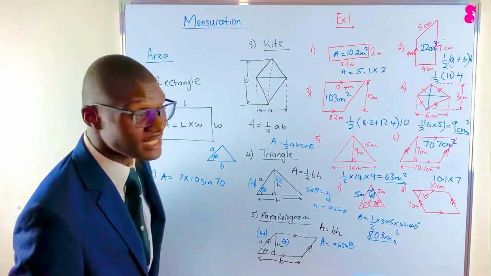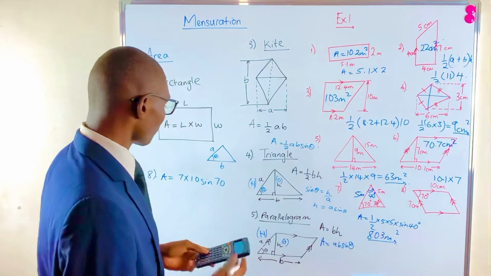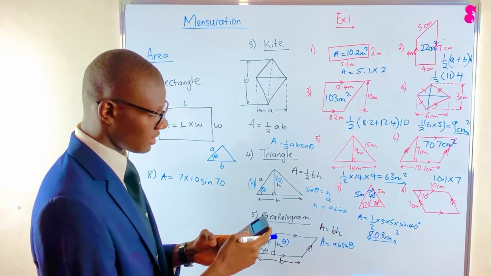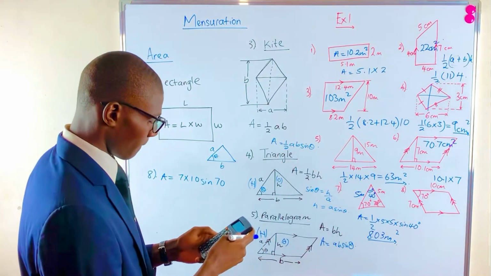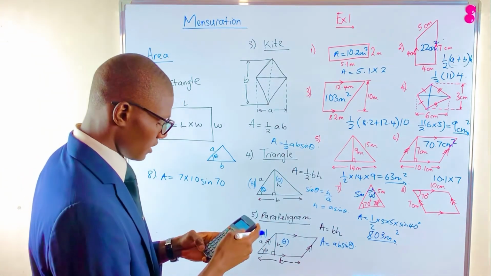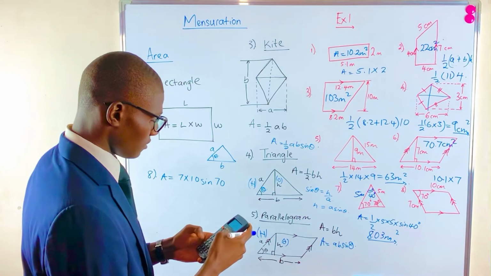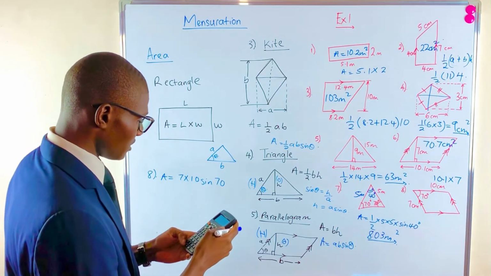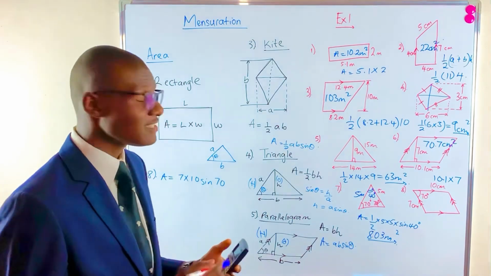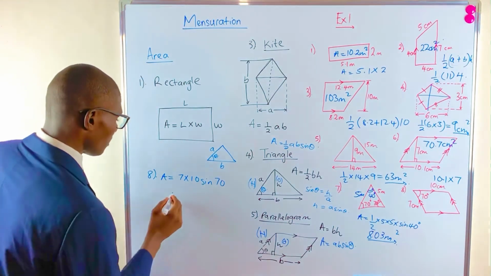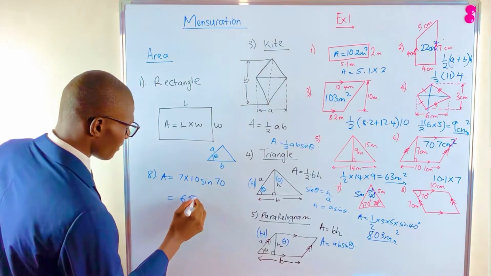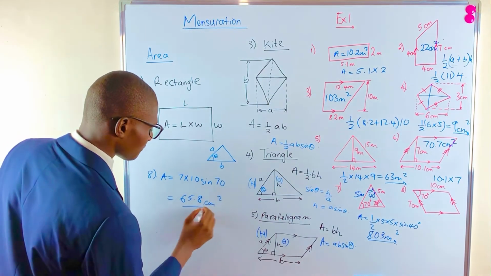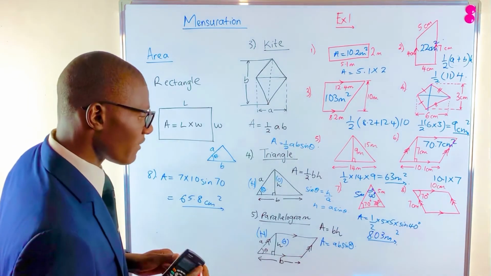So I'm saying 70 sine of 70 degrees. That will give us 65.8 square centimeters. So now that is the area that we get.